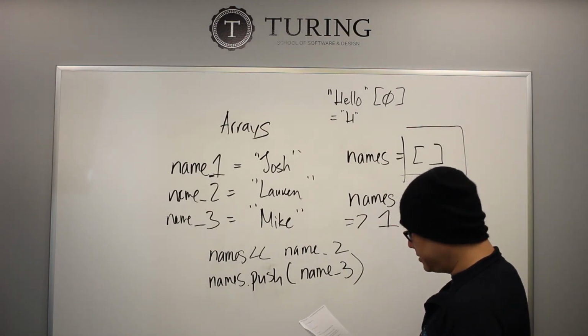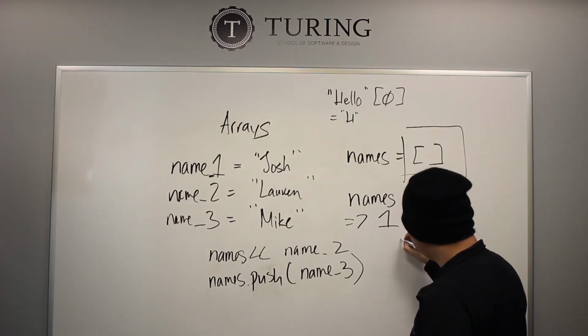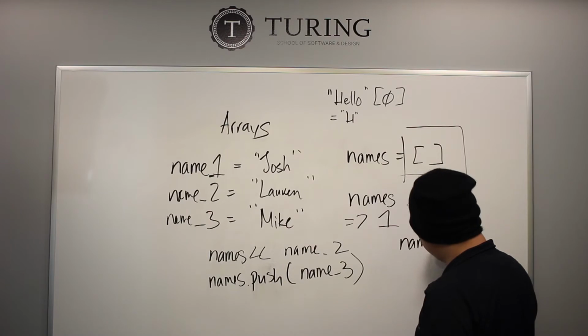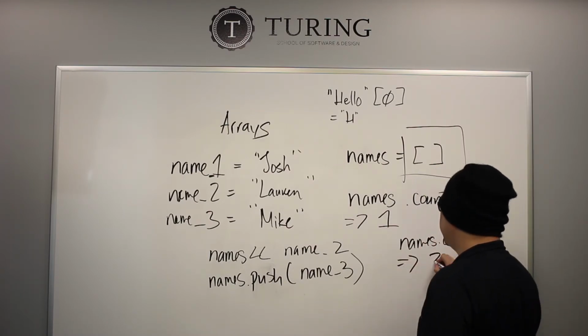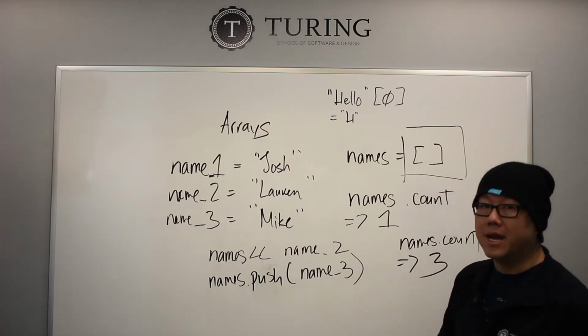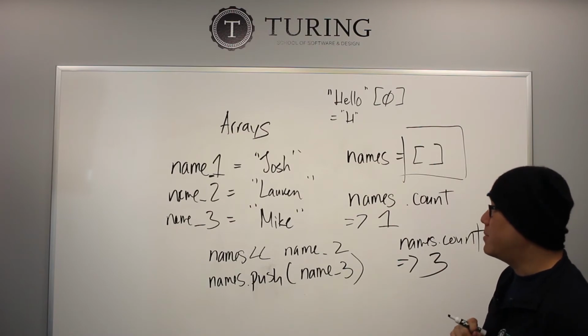And what happens is that now, if we do a names.count, we'll see that this returns us 3 names. Jeff, Lauren, and Mike.